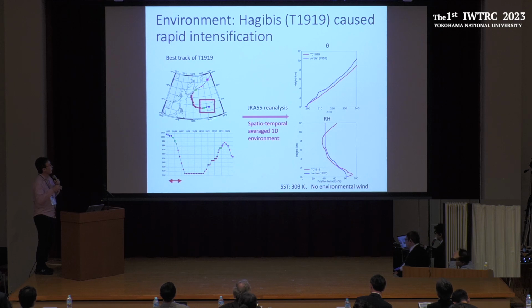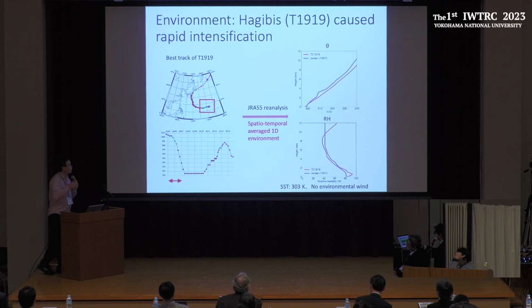In the tropical area, the sounding is extracted like this. It's a one-dimensional environment, but we don't include the vertical shear. Only the temperature and the humidity are imposed at the initial condition of the LES.